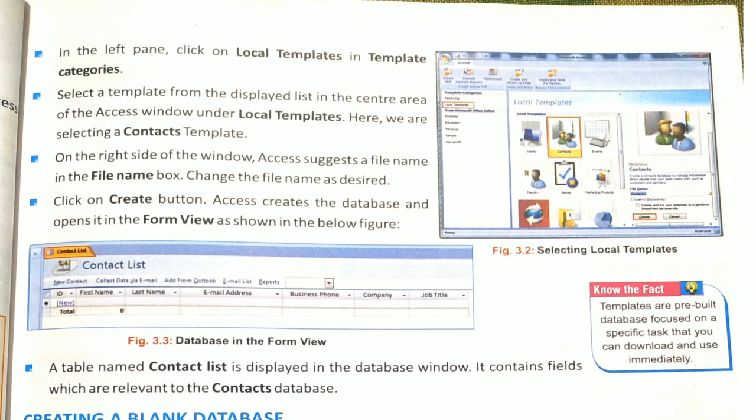Now a Contact List database window will be displayed on your screen, and from here you can write the details of your contacts. It also contains the fields which are necessary to put in your details.